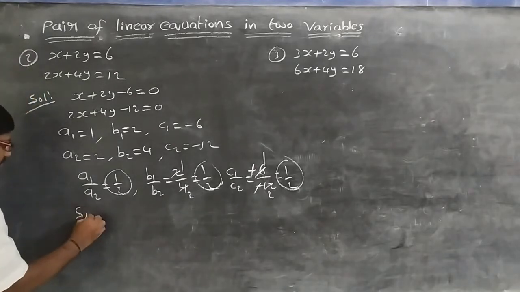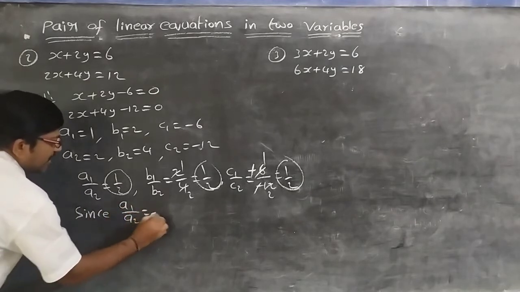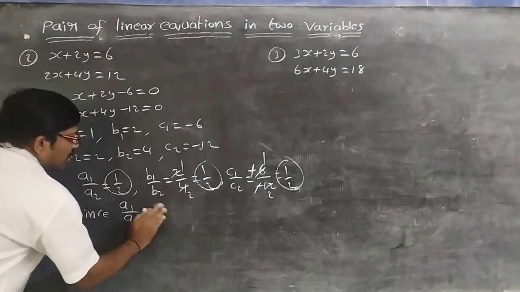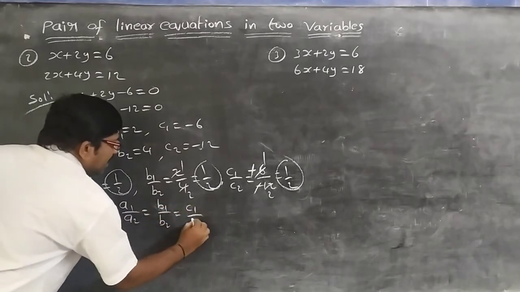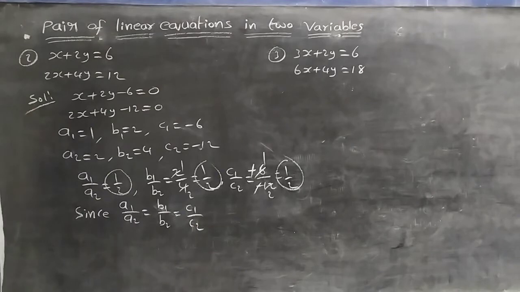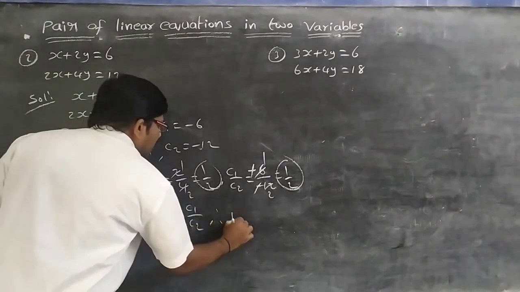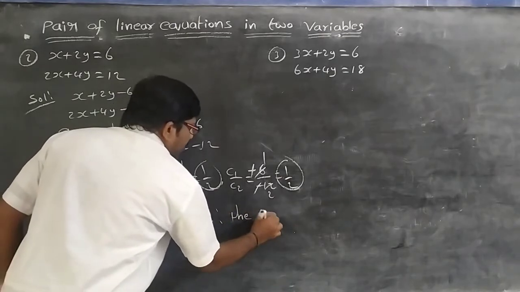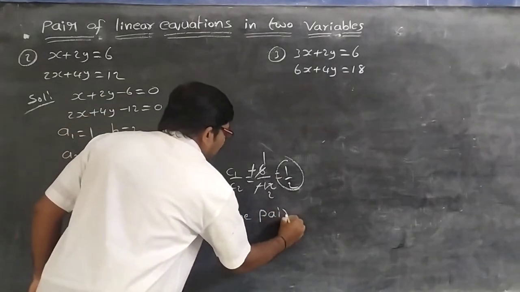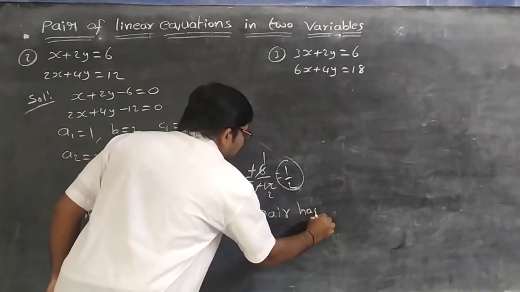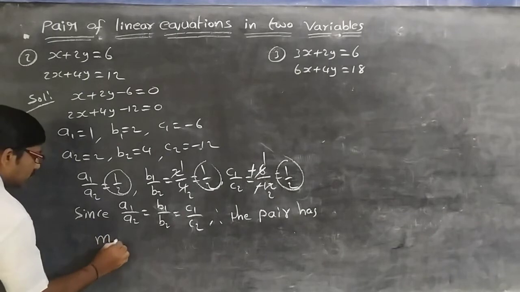Since a1 by a2 is equal to b1 by b2 is equal to c1 by c2, all are equal. Therefore the pair of linear equations has many solutions.